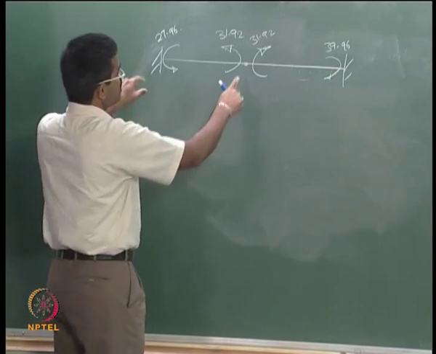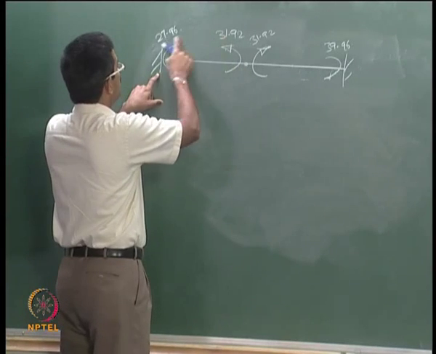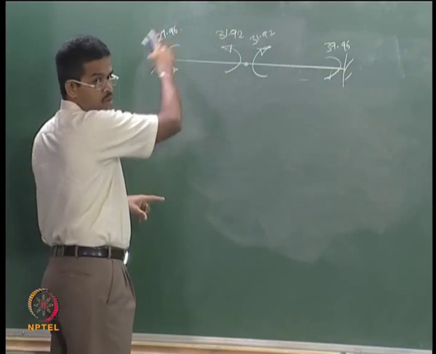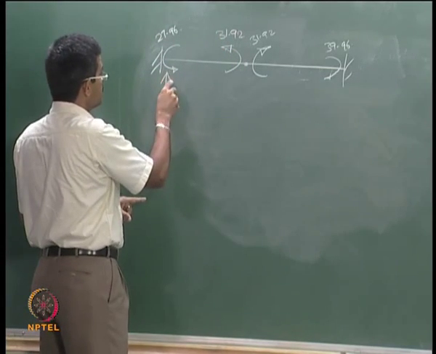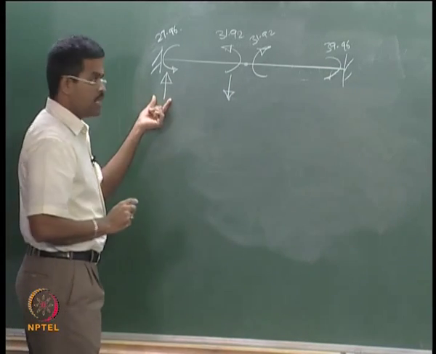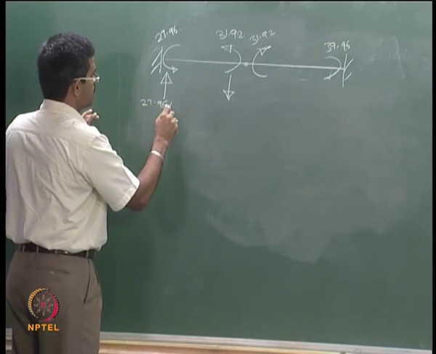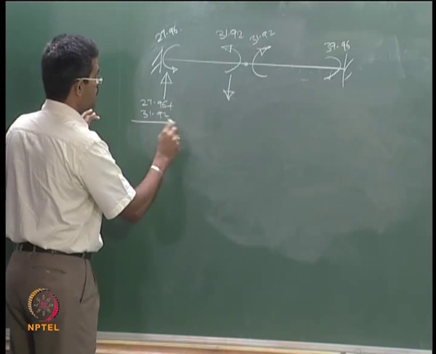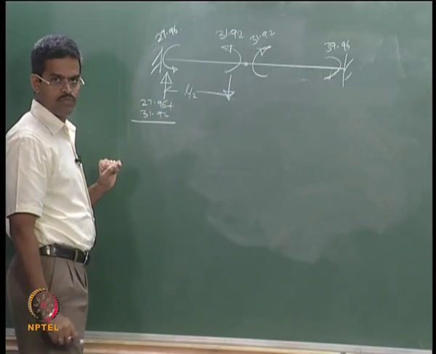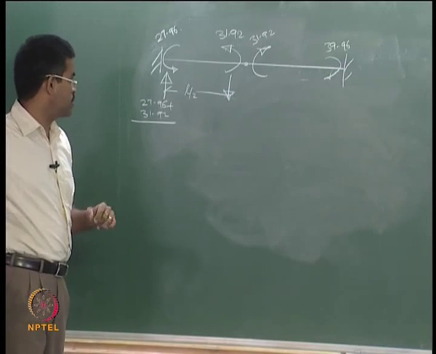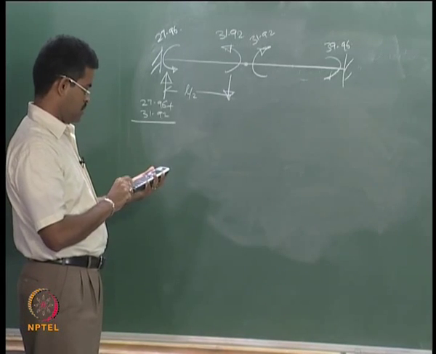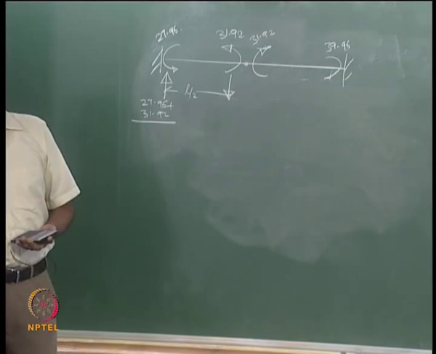Now let us look at the segment AB. I have got a couple, or I have got a total moment of 31.92 plus 27.96 which is anti-clockwise. I want to balance this by a couple. That value is nothing but 27.96 plus 31.92 divided by this span, which is L by 2. Okay, so this value is now going to be 59.88.